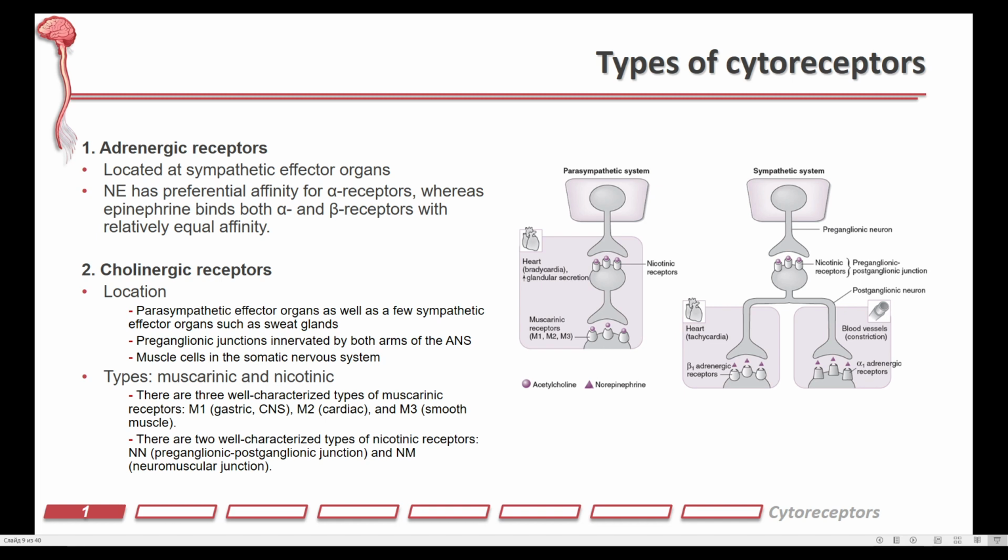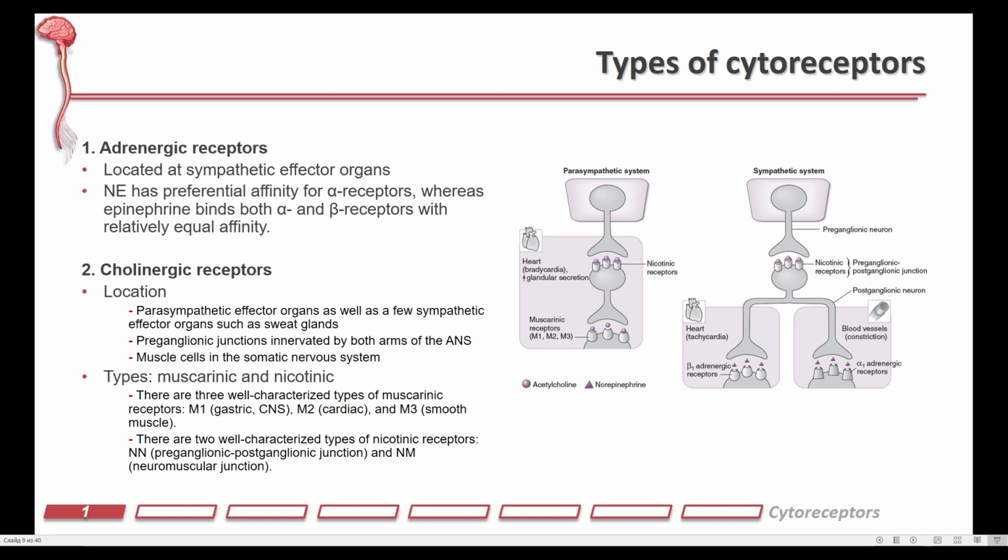The second group of receptors is for the acetylcholine. They are called cholinergic receptors. They are located at parasympathetic effector organs, so those organs innervated by the parasympathetic nervous system, and also a few organs which are innervated by the sympathetic nervous system, and that's the exception, like the sweat glands, because there the neurotransmitter is also ACh.